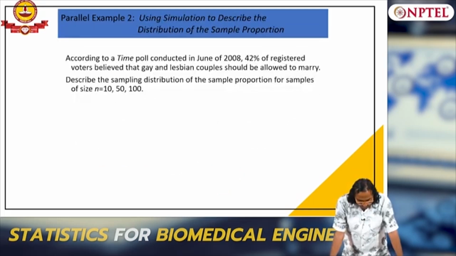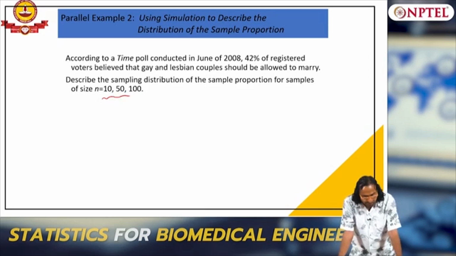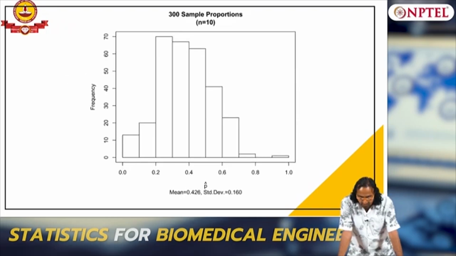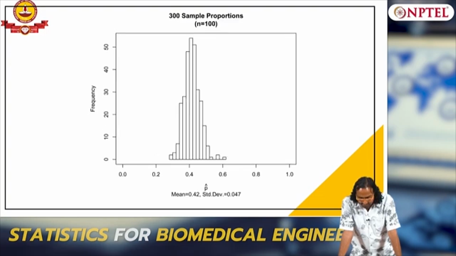Now if I start collecting for n equals 10 samples, 50, 100, each bucket is 10, 50, 100, and then repeat the exercise, 300 sample proportions of size 10, size 50, size 100. You see a clean normal distribution coming out.